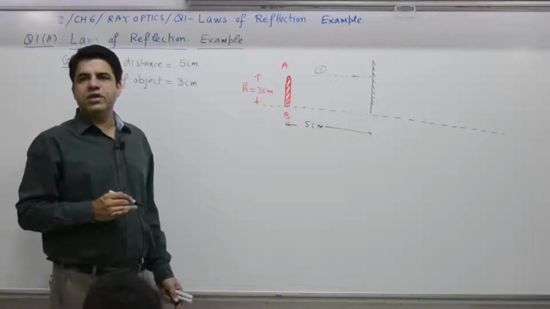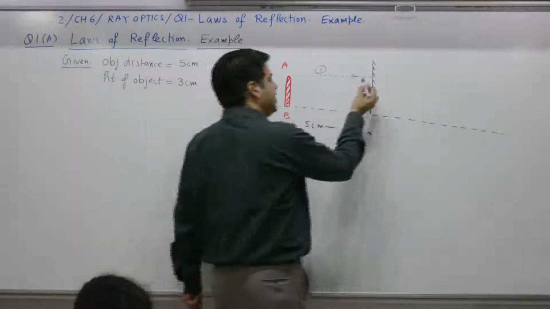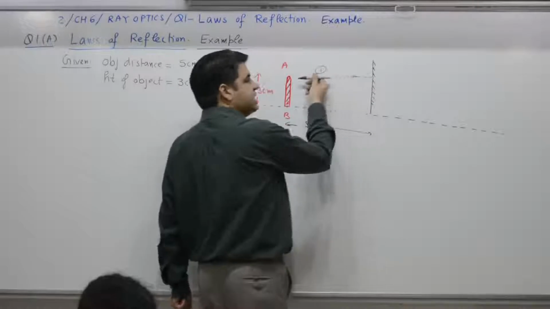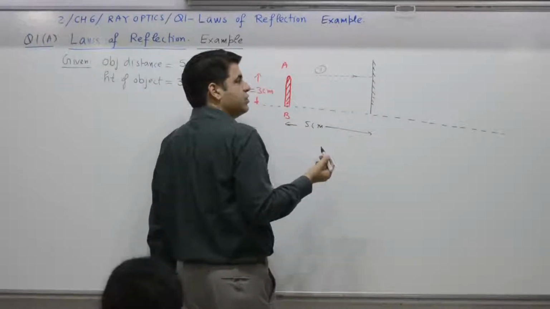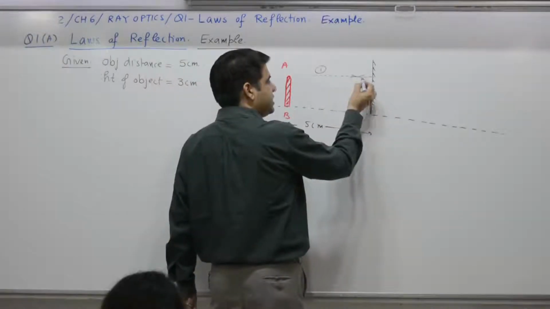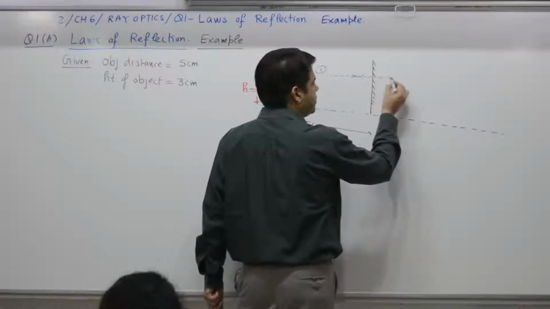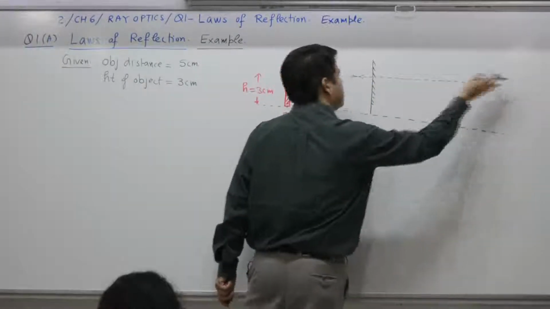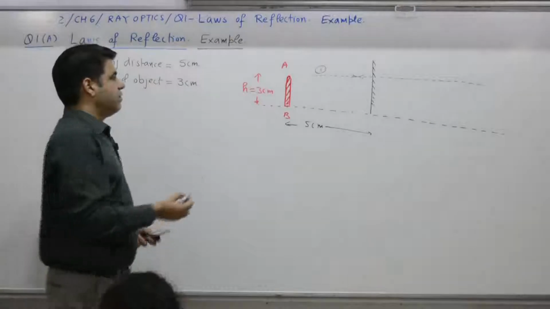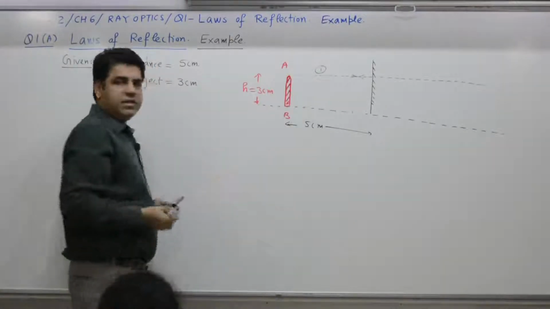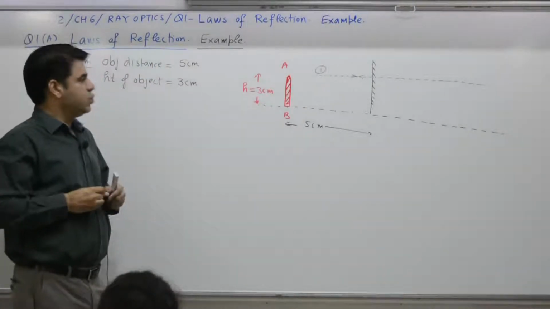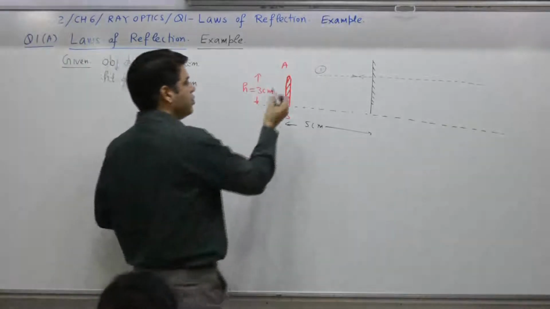After hitting, it will retrace its path. Angle of reflection is also 0. So it retraces its path and the ray appears to be coming from this direction. But we don't know where the equivalent of A is.